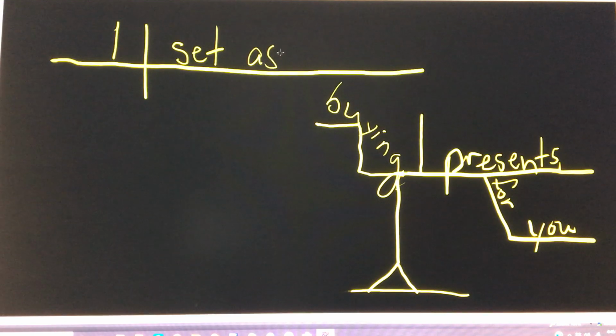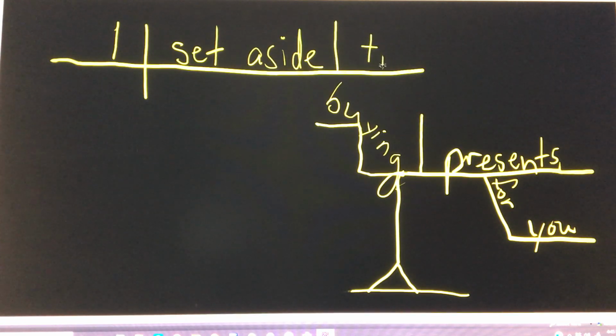aside. Now here, the aside is a particle. What gets set aside? Time. That's what. So aside time is not a prepositional phrase, as you might think. It doesn't descend from set as a prepositional phrase, and time is not the object of the preposition.